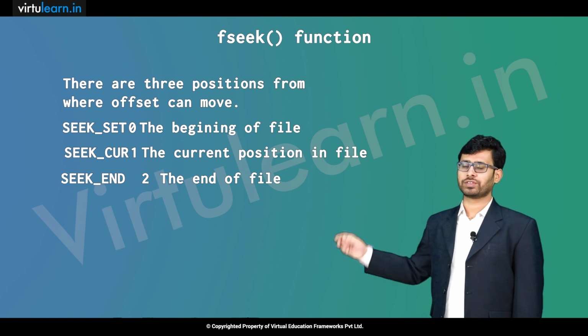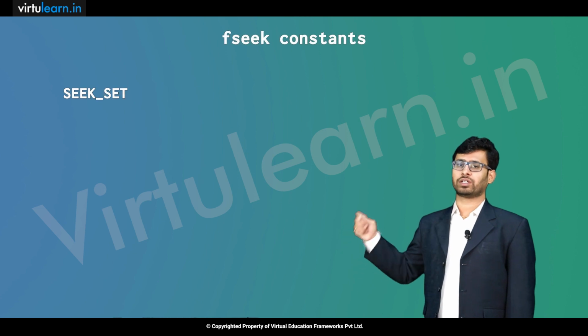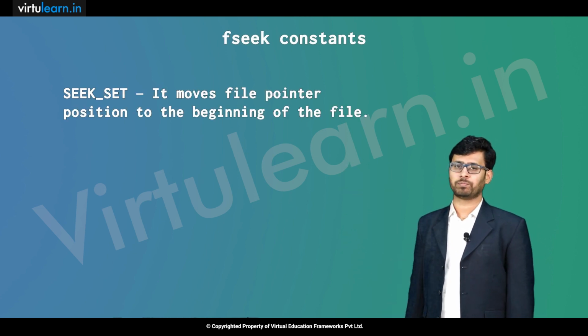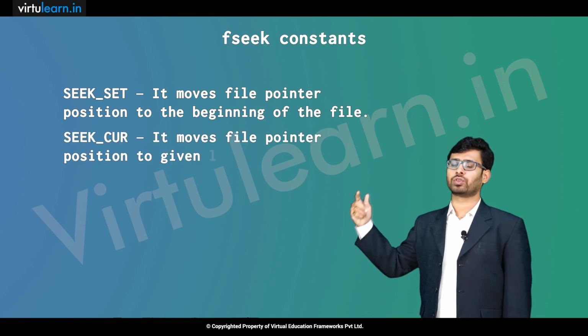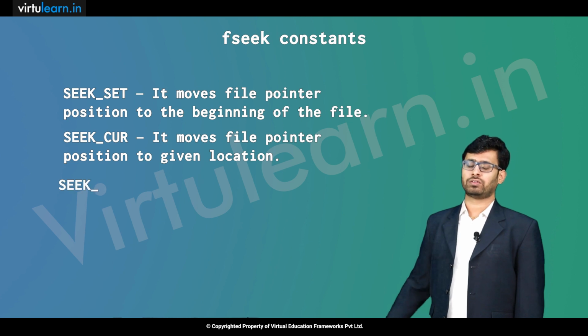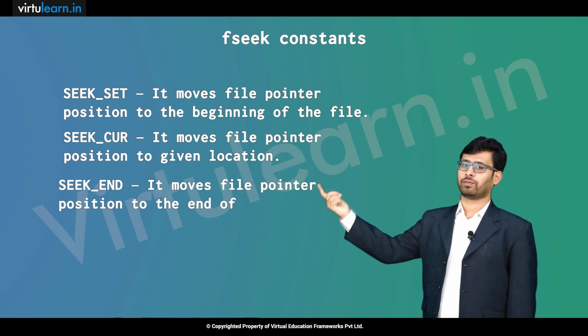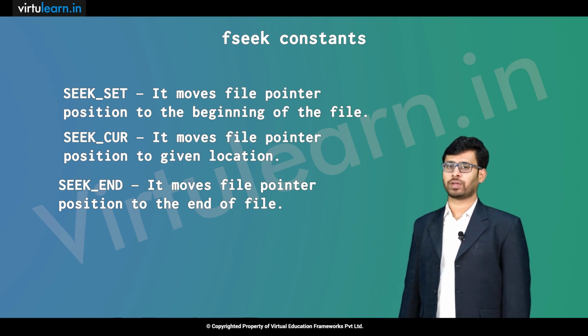So these are the three constants which are used as part of your fseek function. SEEK_SET moves the file pointer position to the beginning of the file. SEEK_CUR moves the file pointer position to the given location. SEEK_END moves the file pointer position to the end of the file. So these are the three constants which are used as part of the fseek function.